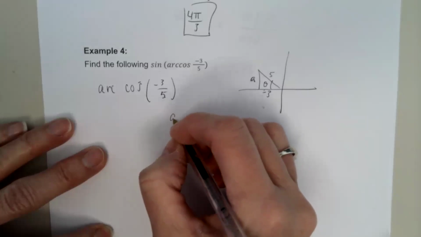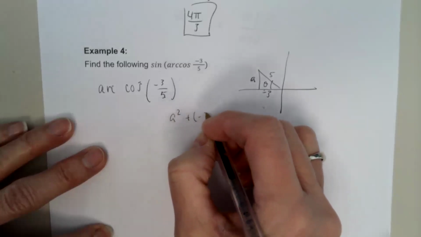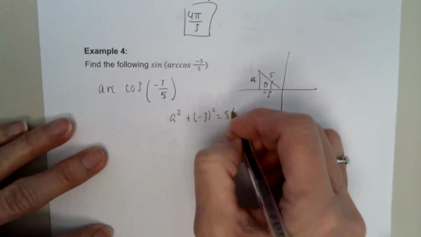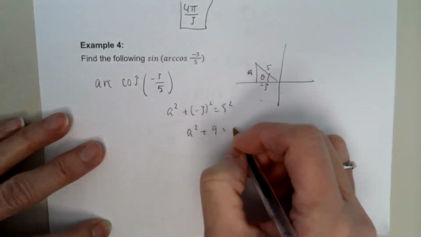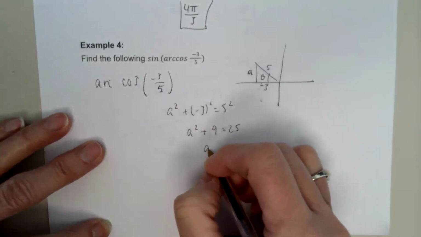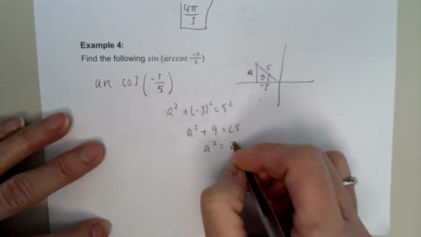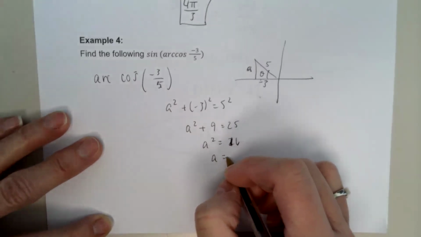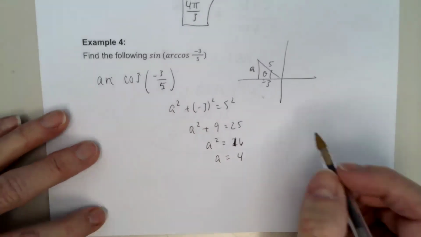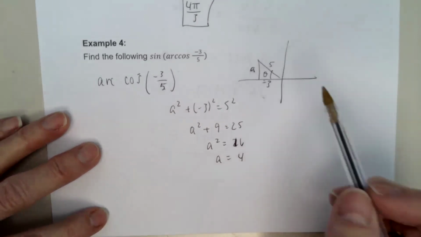So that means I've got a squared plus (-3) squared equals 5 squared. So a squared plus 9 equals 25. If I'm solving for a, I subtract 9 on both sides, take the square root, and I find out that a must equal 4. It's that perfect 3, 4, 5 triangle.